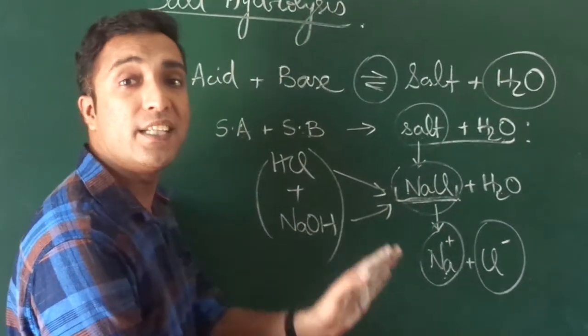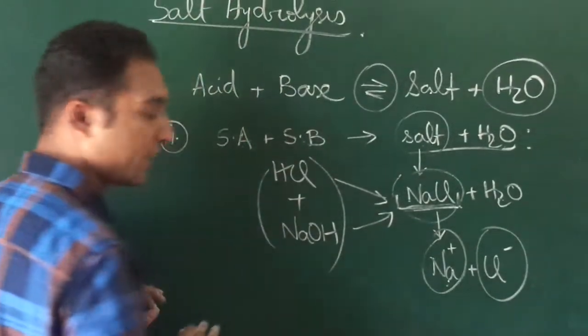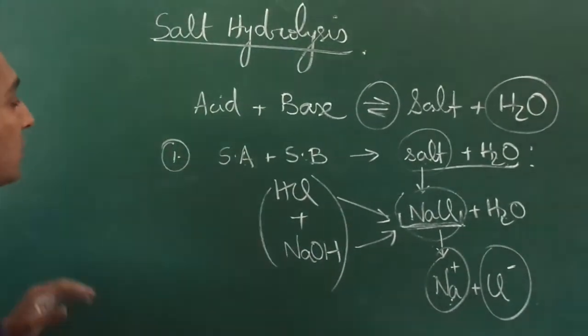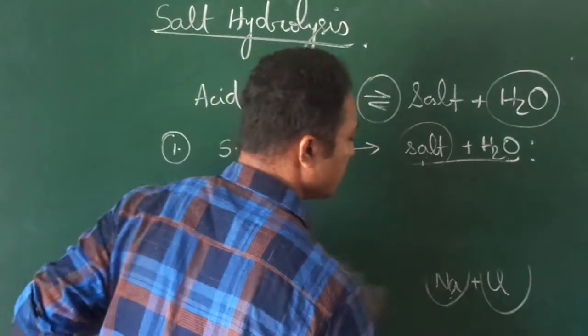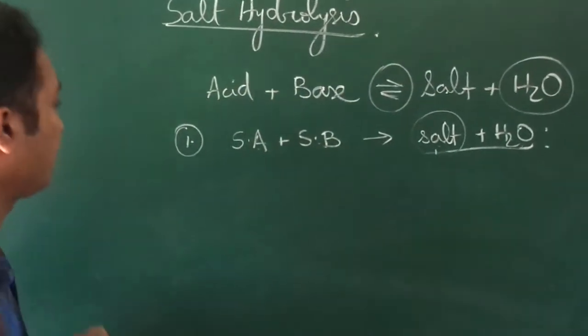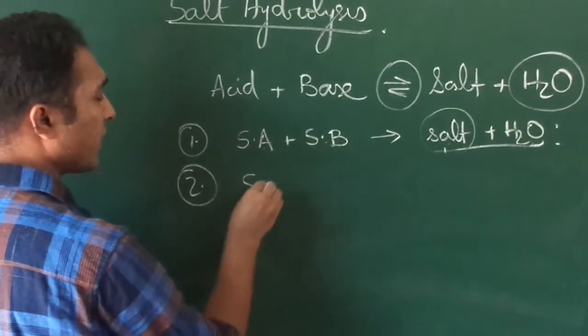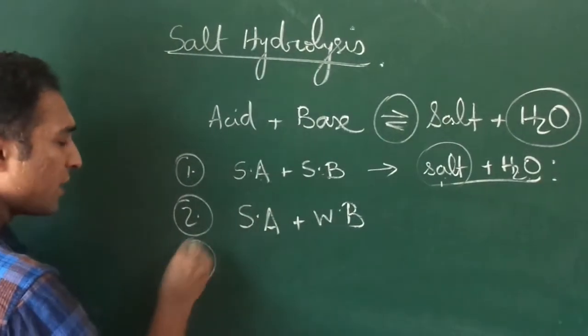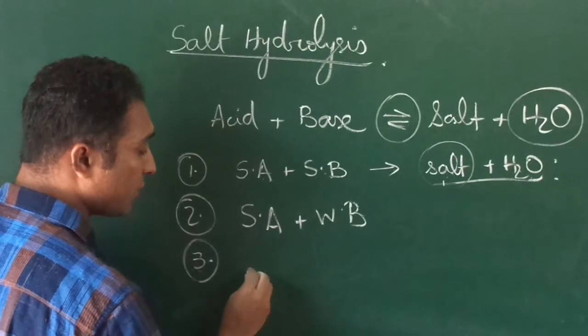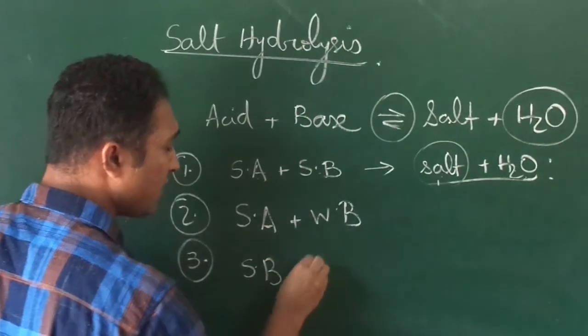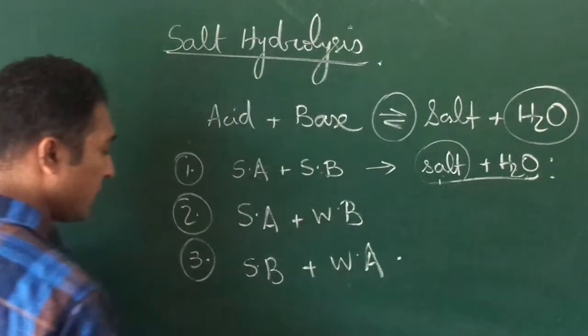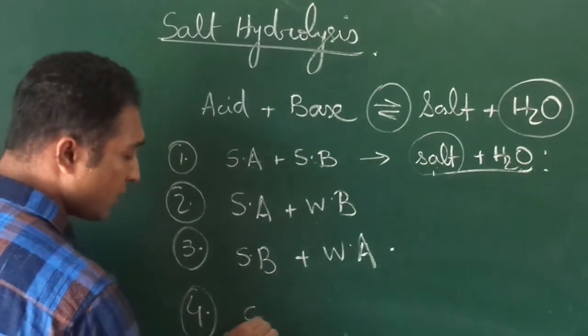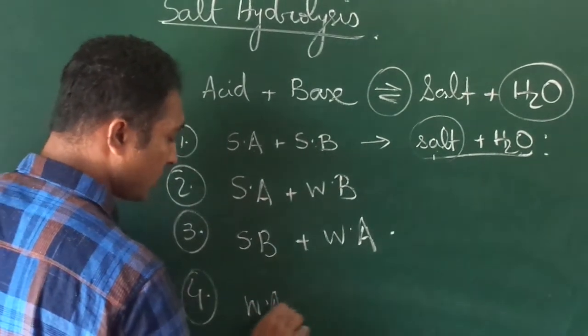Now, if I say what exactly happens, I took a case of a strong acid and a weak base. Somebody might ask me, I can take the case of a strong base and a weak acid, or else I can take the case of a weak acid and a weak base.